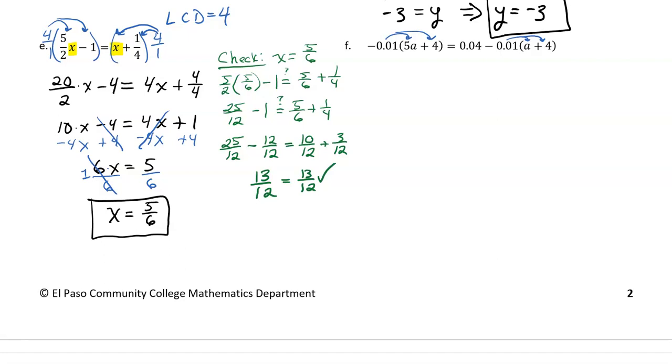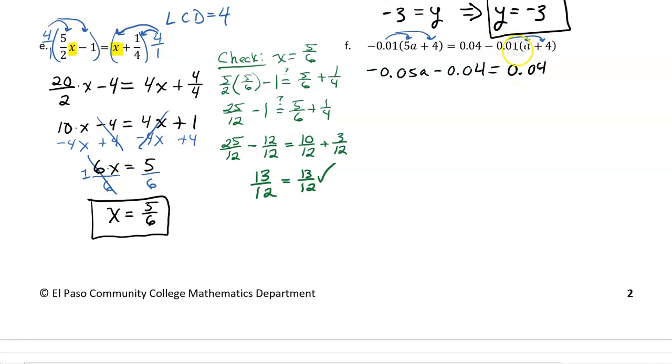So I'm going to distribute the negative 0.01 into the 5a plus 4. So when I multiply that through, I'm going to get negative 0.05a minus, because the minus from the coefficient times the positive 4 is a negative, 0.04. That is going to equal, see the right-hand side, that's not in the parentheses, so I just copy it down, 0.04.